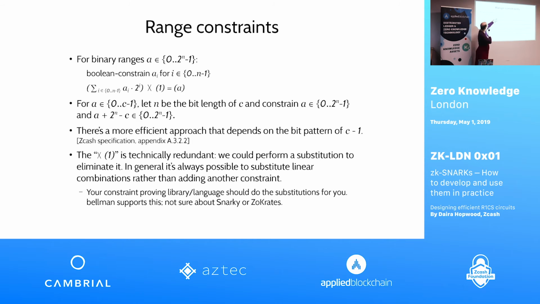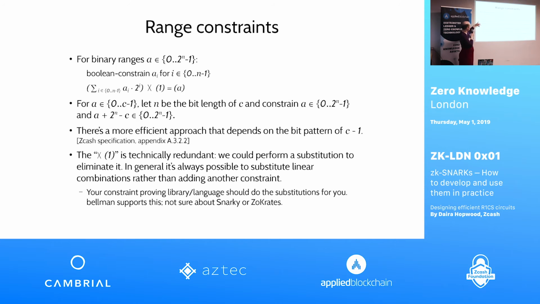Notice that we're multiplying something by 1 here. It turns out that multiplying something by 1 can always be optimized away, because we can just substitute into wherever we use A. So if we use A here in a different constraint, we could just write this expression instead.